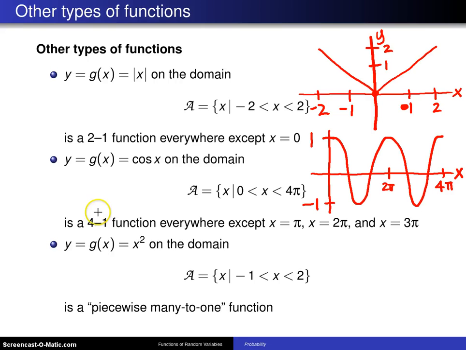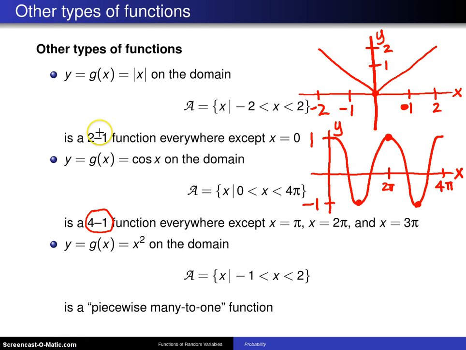It turns out this is a 4-to-1 function, and what is meant by that is, if you look at the 4 pieces separated by the 3 dots that I've put on the graph here, this particular segment maps to script B, which is the set of all y from -1 to +1. And the same is true for this segment, and this segment. So with the exception of the points pi, 2 pi, and 3 pi, this is a 4-to-1 function.